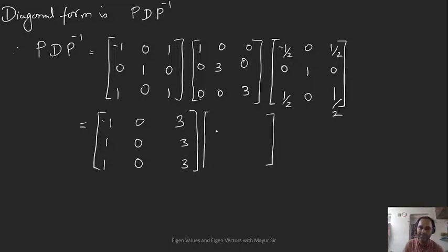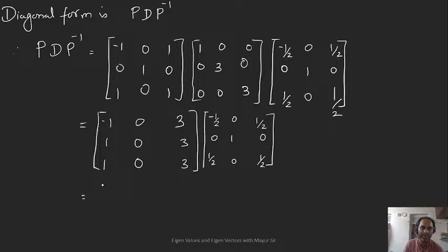Otherwise, we'll just see minus half, 0, 1 by 2, 0, 1, 0, half, 0, 1. I think Akash's answer is right. Okay, Akash's answer is right. Fine, let's do this.